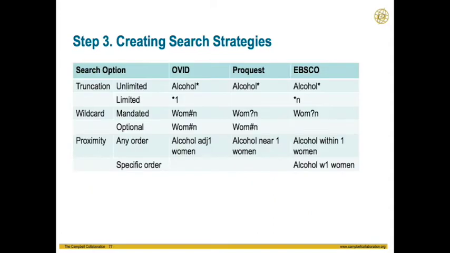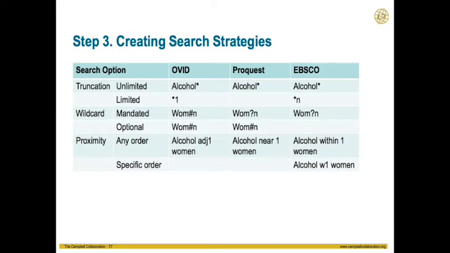Since we're not talking about Ovid, ProQuest, or EBSCO, I provided you this little table, but we're not going to be using these databases. But just to give you a feel for the types of search functionality that might be available in other databases, you've got those truncation characters you've already seen.